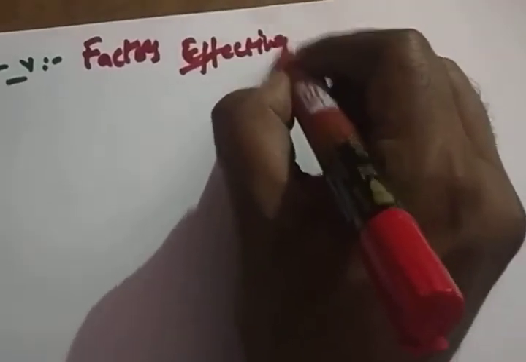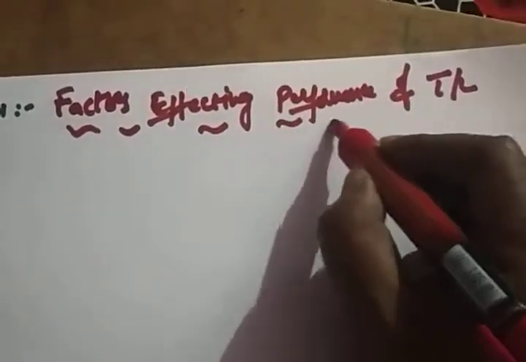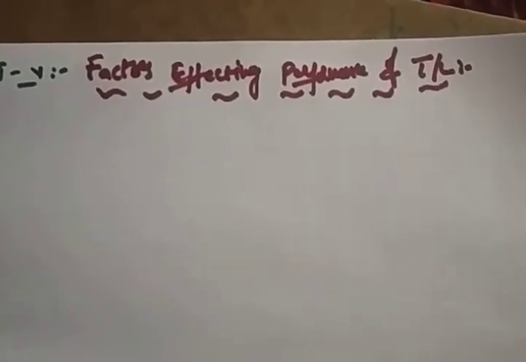So that is the name: factors affecting performance of transmission line. Very, very important. If you follow my videos, it will be very clear what factors are going to affect a conductor carrying power, right?